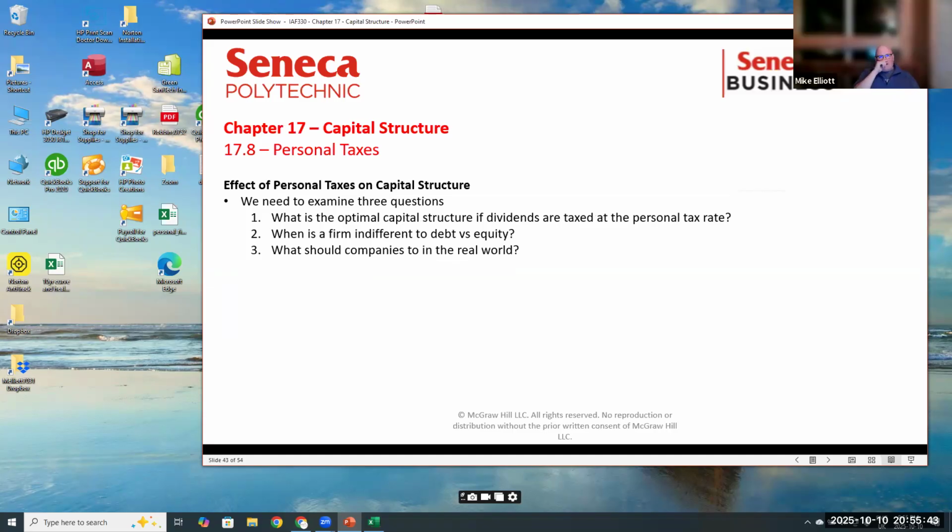Do we need to consider personal taxes when we talk about the capital structure? Well, we need to answer 3 questions. What's the optimal structure if dividends are taxed at the personal rate? When is a firm indifferent to debt versus equity? And what should companies do in the real world?